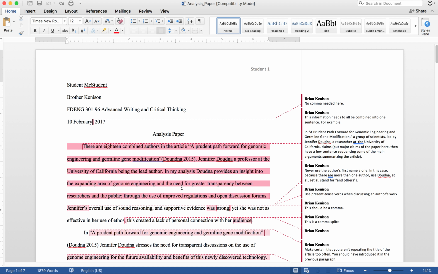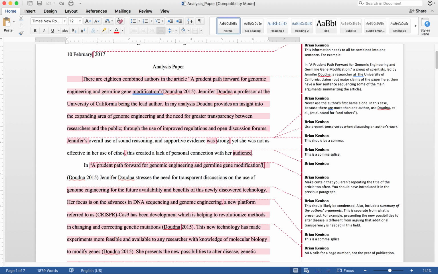As we go down, and this is just getting into the paper, we have the analysis. Here we have the introductory paragraph that's introducing the article, the authors, giving us some information about the authors to show why we should take their claims seriously, and what their main claim is.